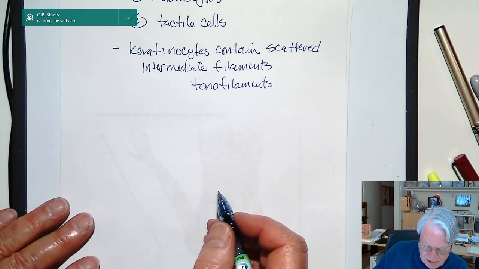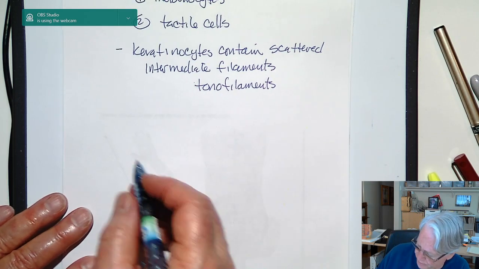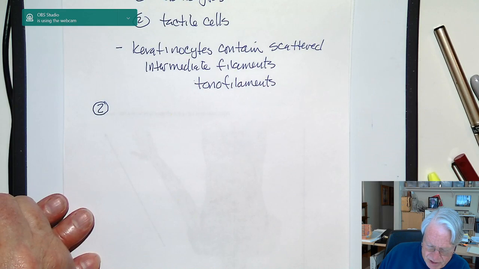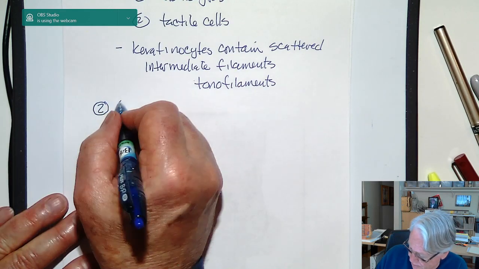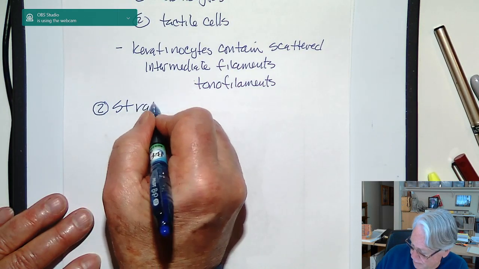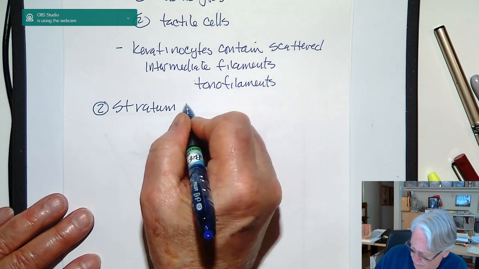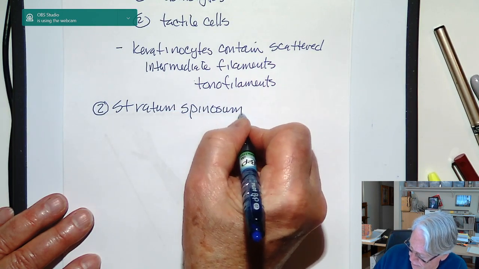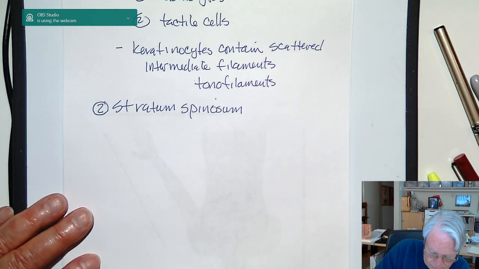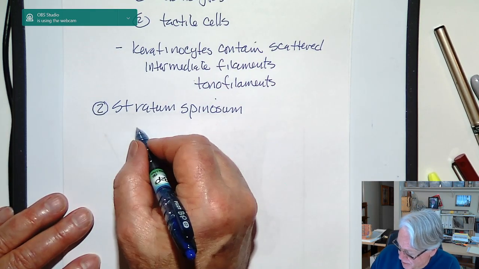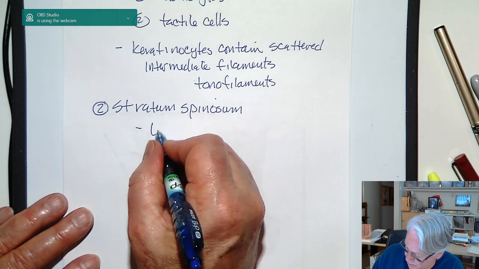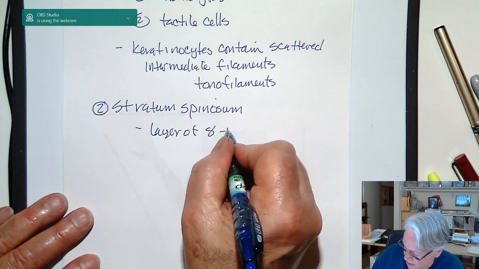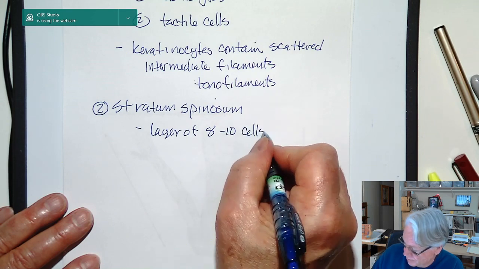The next layer, layer number two, is the stratum spinosum. And this is a layer of 8 to 10 cells.